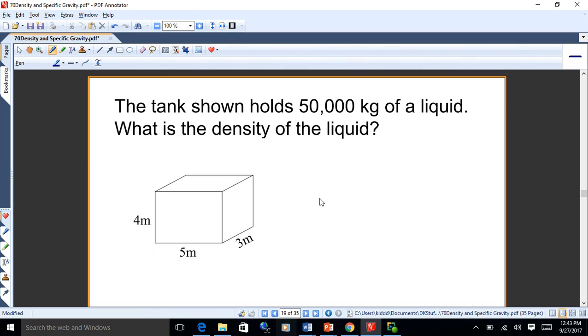We won't go into the difference between mass and weight to a great degree. Weight is how gravity affects a mass. So this would be the true definition of density: kilograms per cubic meter. If you find the volume and divide that into the mass, you'll get the density.